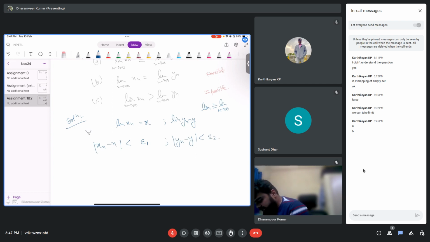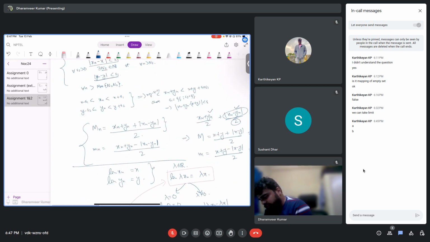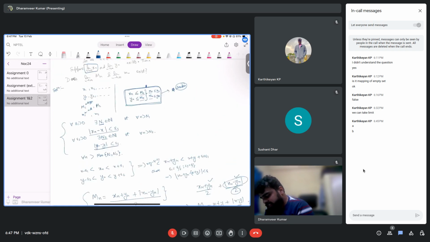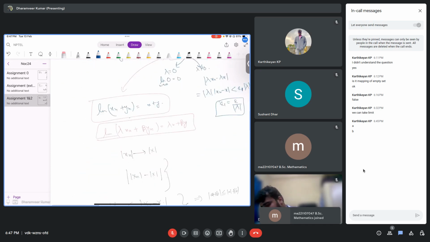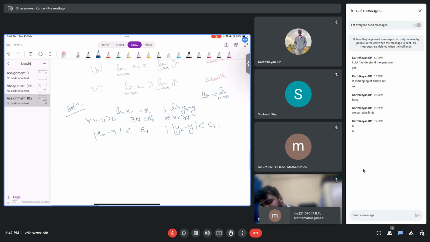So for every epsilon 1, epsilon 2 greater than 0 there exists a natural number N such that for all n greater than N. Whenever something like this happens, I've already told you, you can take the max of N1 and N2, you can do this separately, but then both the statements are valid. This is always an ideal case to do. Now what?